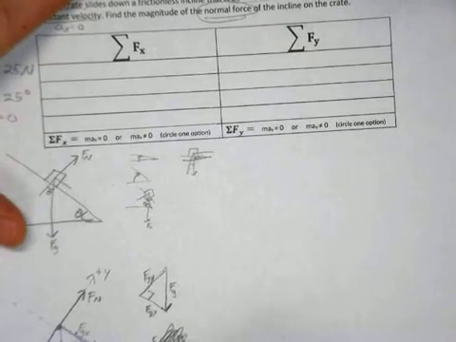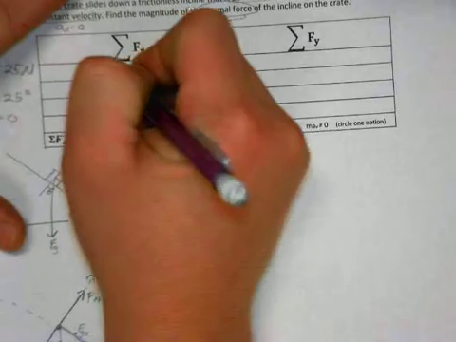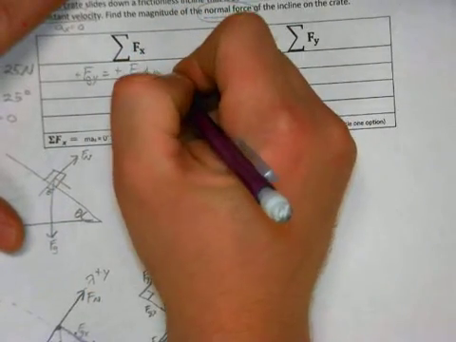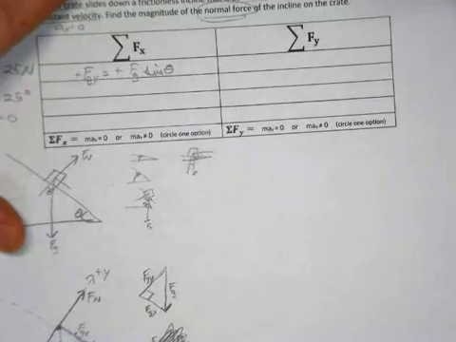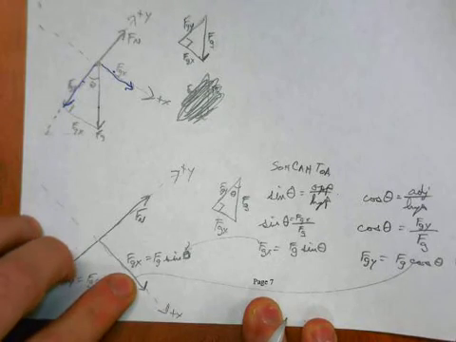In the x direction, we have positive FGX, which equals positive FG sine of theta. I'll go back to the diagram here. Remember, in the x direction, we just have this one component.